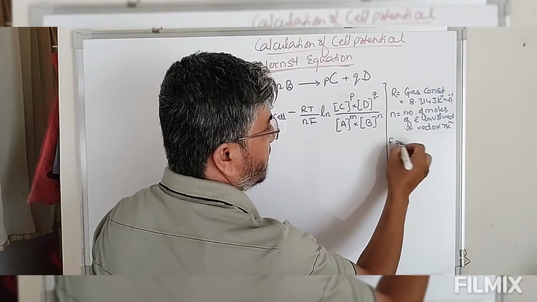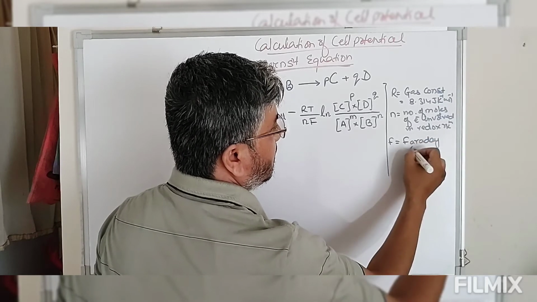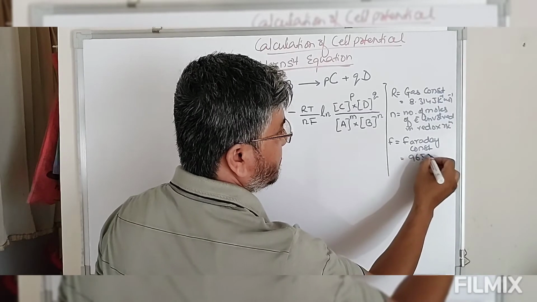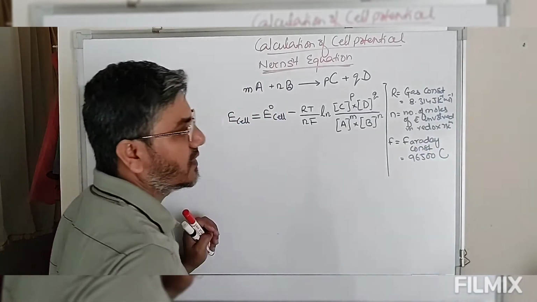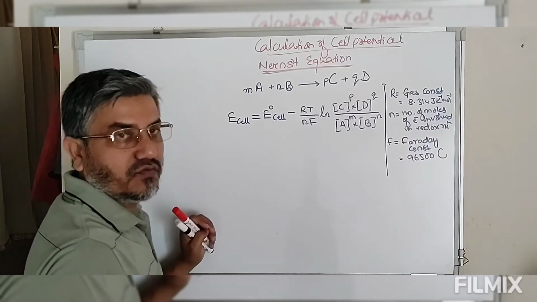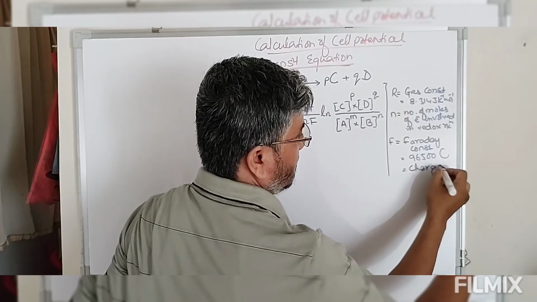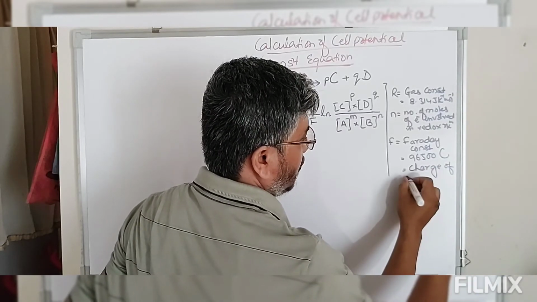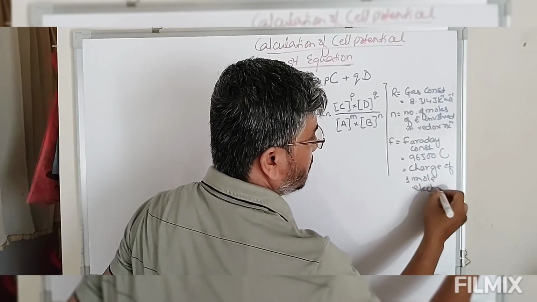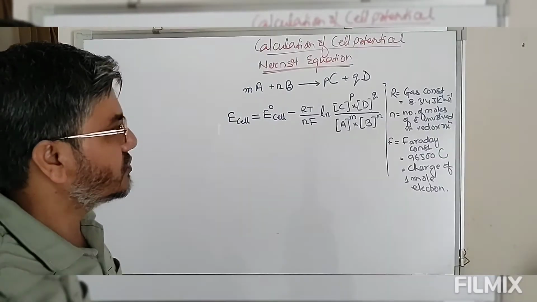F is known as the Faraday constant, which is equal to 96500 Coulomb. This Faraday constant is nothing but the charge on 1 mole of electrons. The total charge on 1 mole of electrons is known as 1 Faraday, which is 96500 Coulomb.